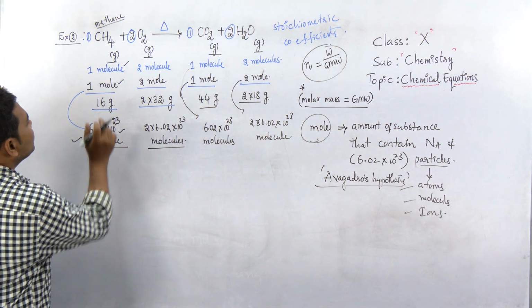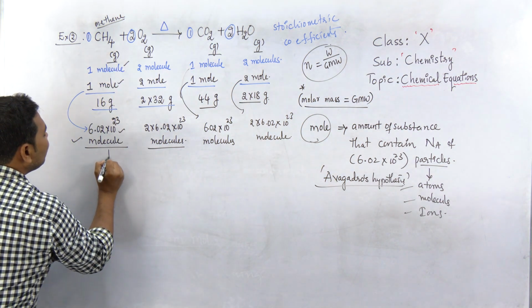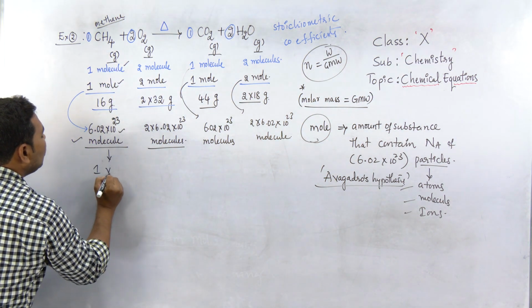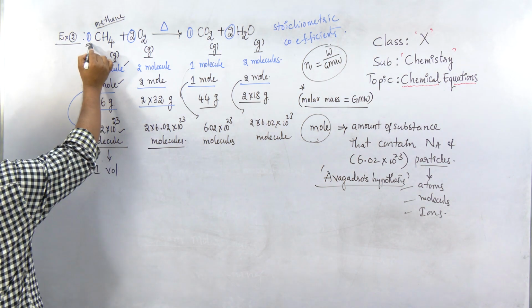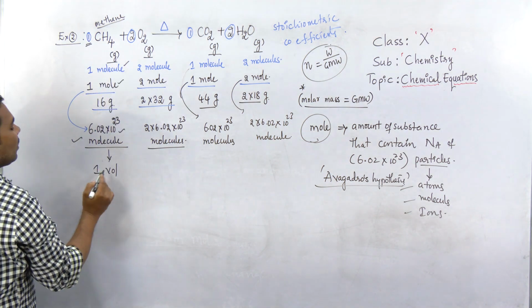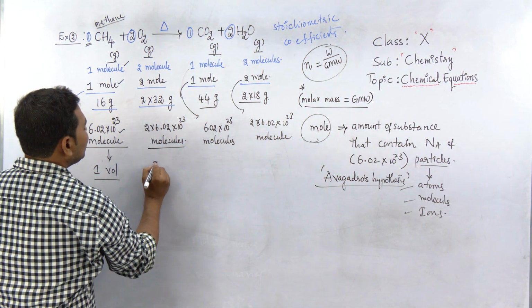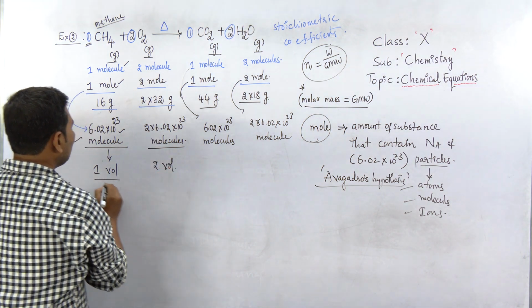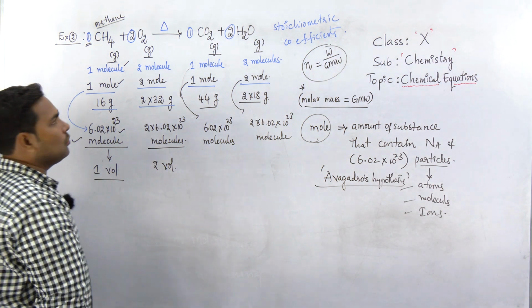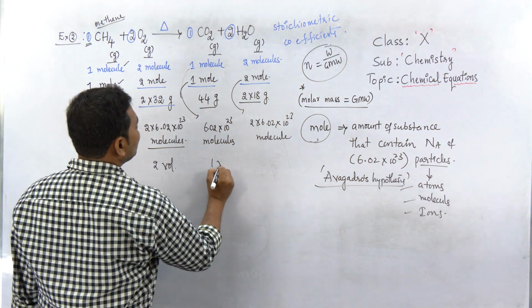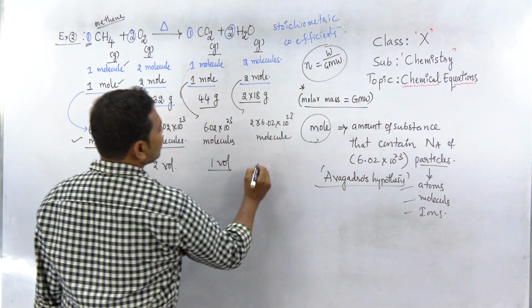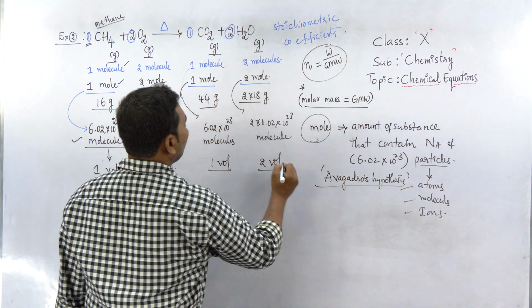For example, you see this is one molecule, we can write this as one volume. What is the stoichiometric coefficient here? 1. So 1 represents one volume of methane, and here 2 volumes of oxygen. So 1 volume of methane reacts with 2 volumes of oxygen to produce 1 volume of carbon dioxide and 2 volumes of water vapor.